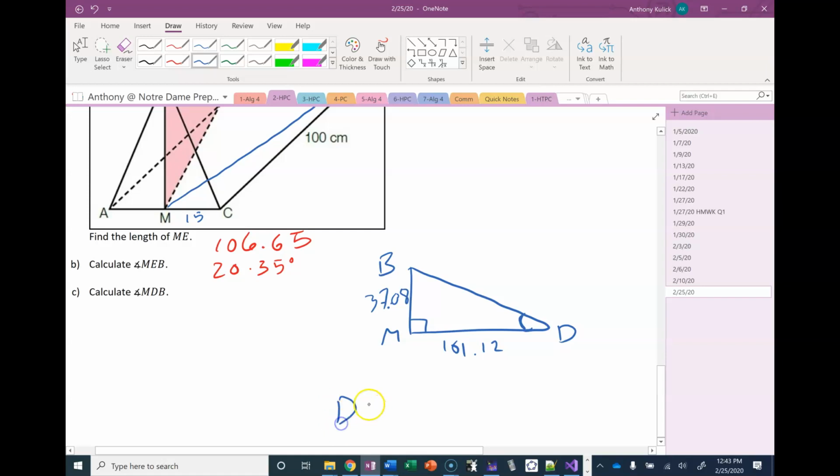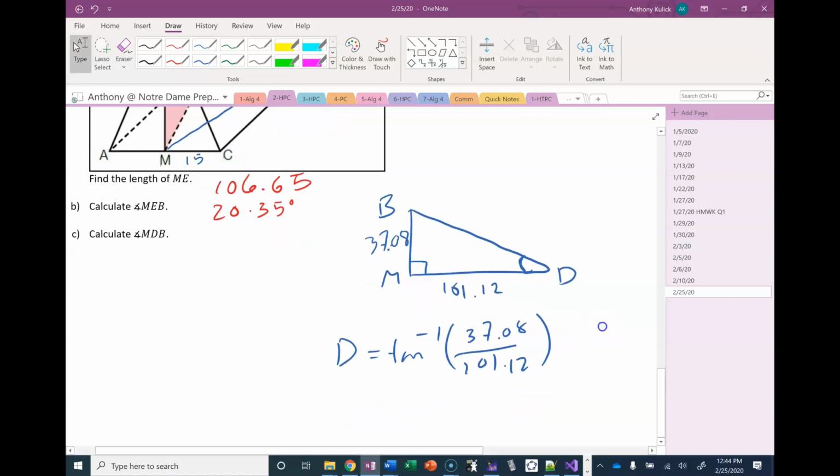So then that angle D is going to be the tan inverse of opposite over adjacent. And that gives me about 20.14 degrees, which is what we're supposed to get there.